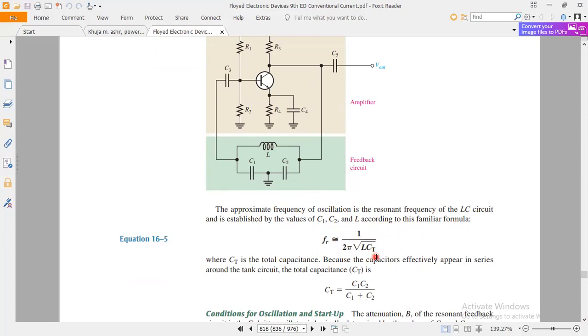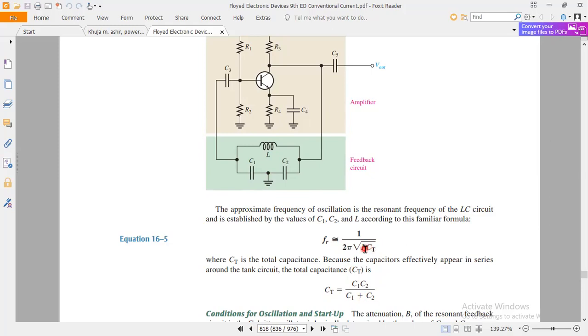CT is the total capacitance, for which we have to find the series combination of C1 and C2 capacitors, that is C1 multiplied by C2 divided by C1 plus C2, the total capacitance of the capacitors used here.